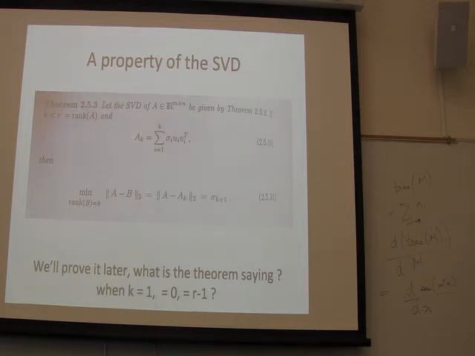I think you will get 2A x plus 2 lambda x equals 0, and so you get the fact that x is going to be an eigenvector, and once you know it's an eigenvector, you know it has to be one of the eigenvectors. Therefore, you can get the norm.